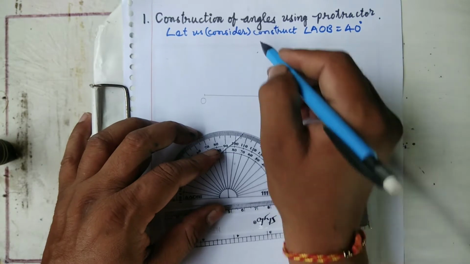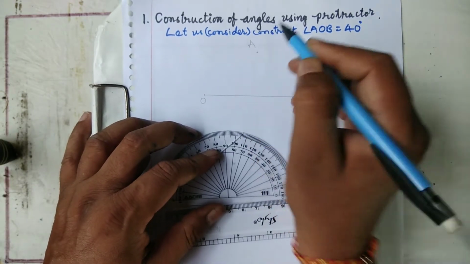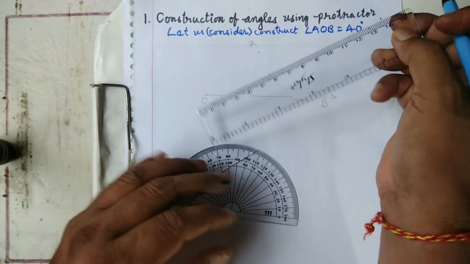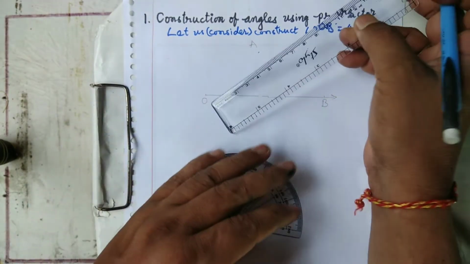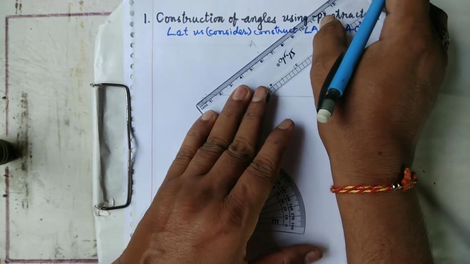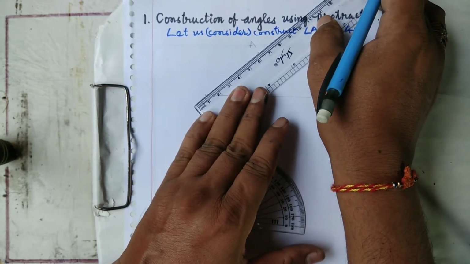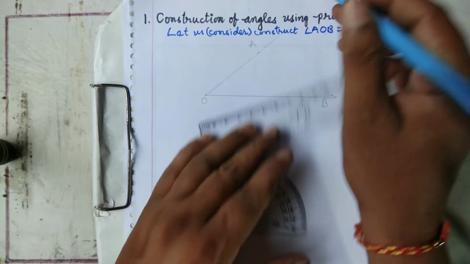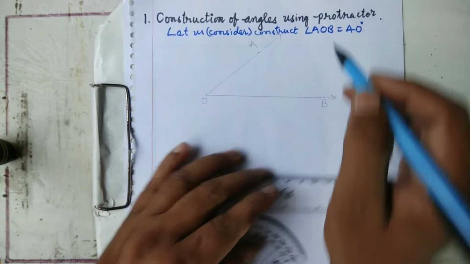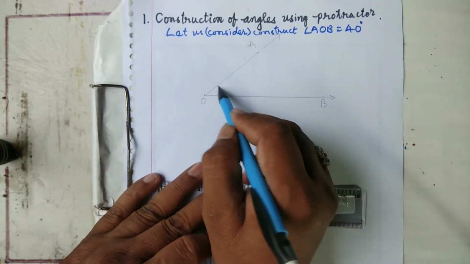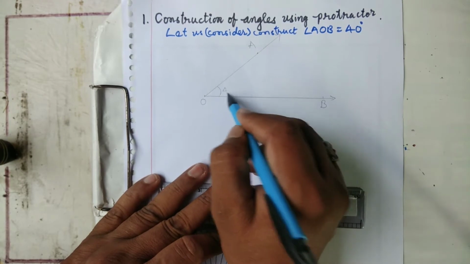This is point A. Using this point A, we have to draw OA ray. Now we get 40 degree.